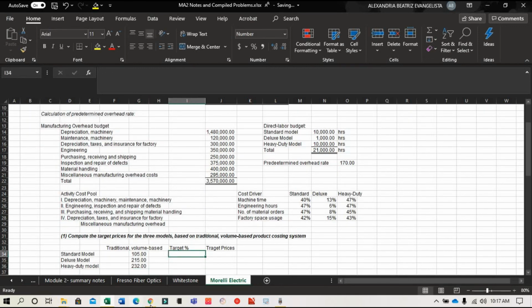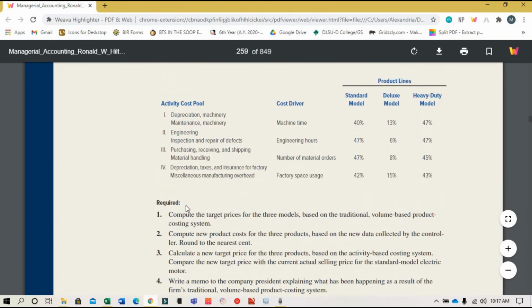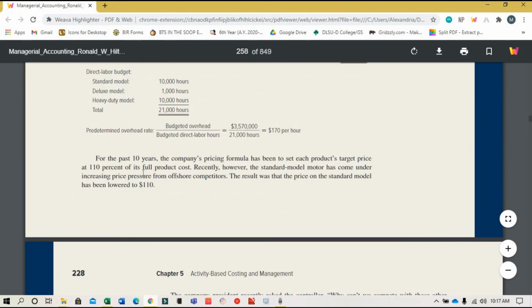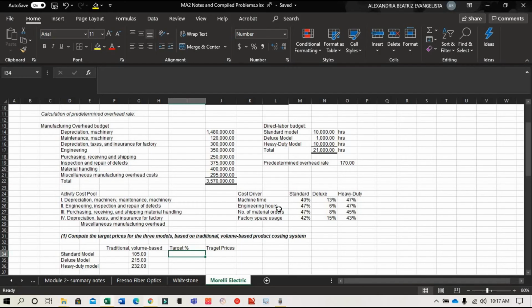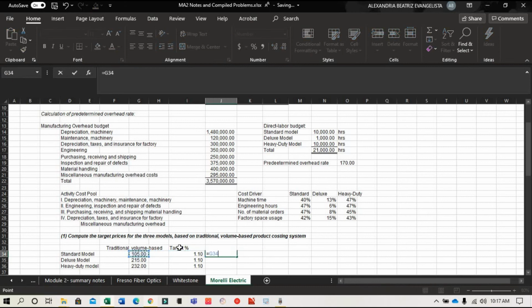So our target, based on the problem, again, let me go back to the problem. The company pricing formula has been set to each product's target price at 110% of its full product cost. So 110% for all of the three products. So our target prices are as follows.